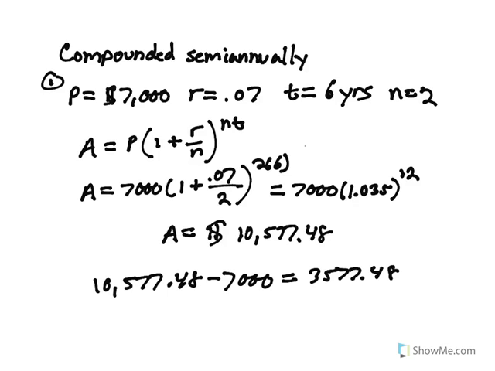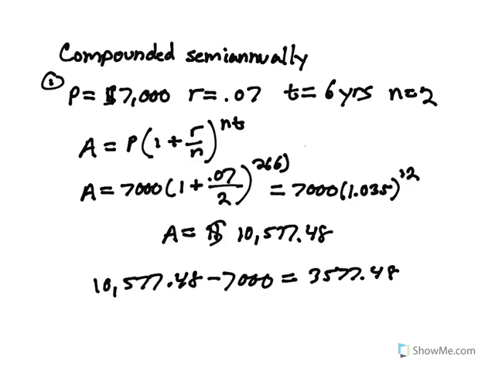Now if you want to compound it quarterly, there are 4 quarters in a year, that's every 3 months, so n would be assigned to 4.